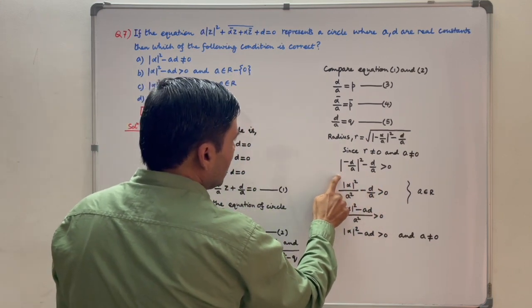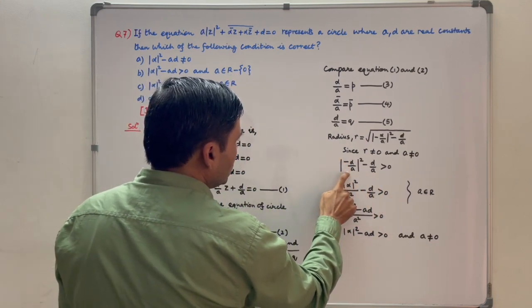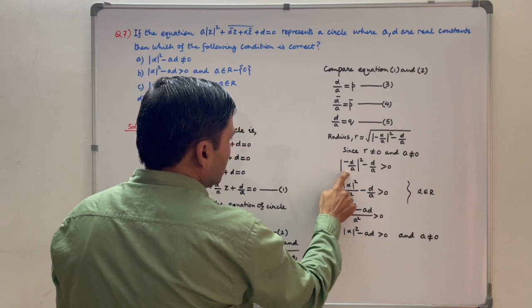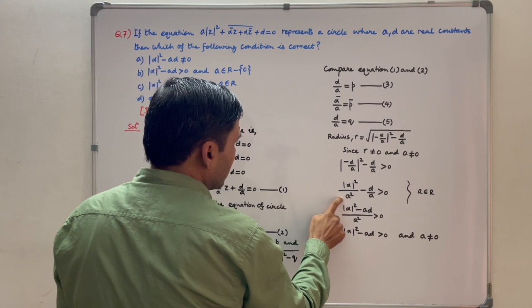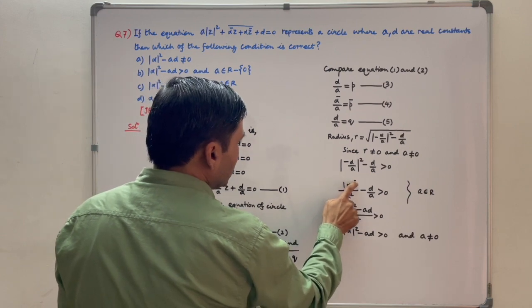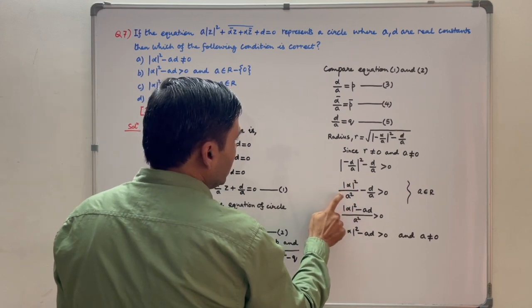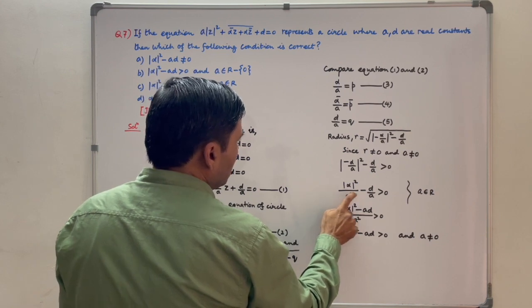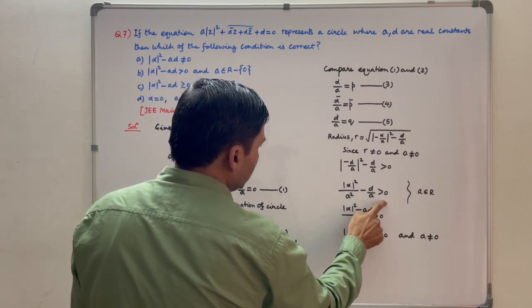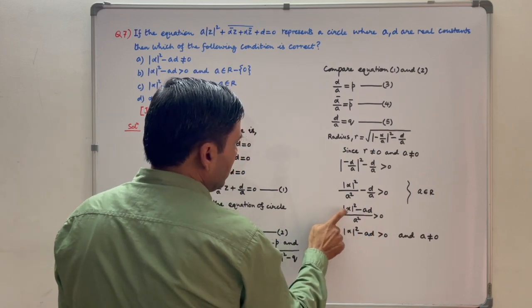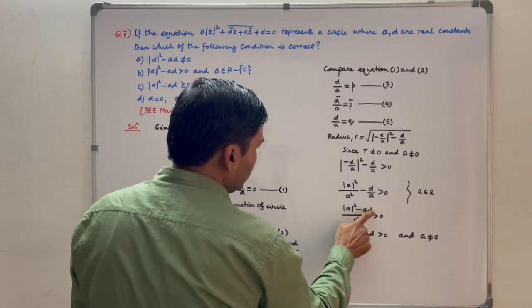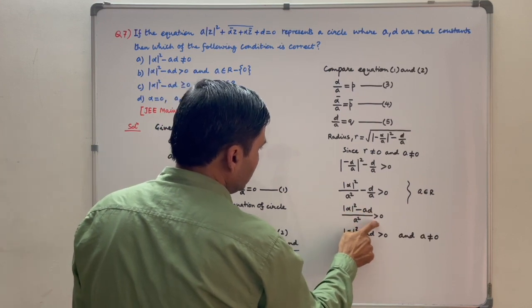Now this is |z1/z2|², so it can be written as |z1|²/|z2|². So it will be |α|²/|A|², which can be written as A² if A is real, minus d/A greater than 0. Now take A² as the LCM. So it will be (|α|² − Ad)/A² greater than 0.